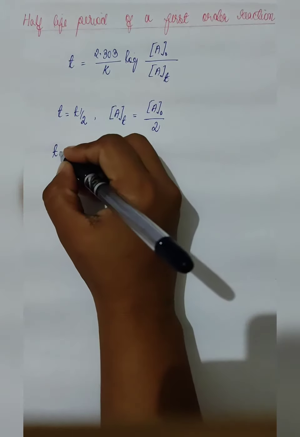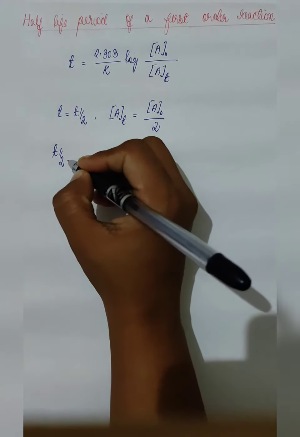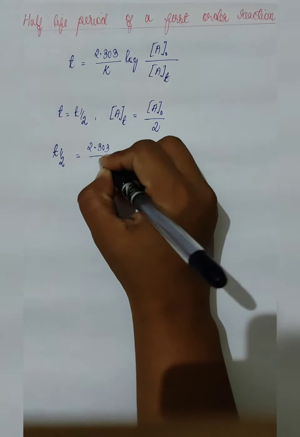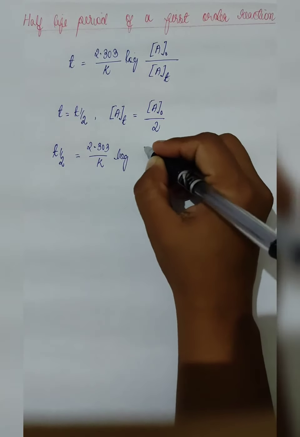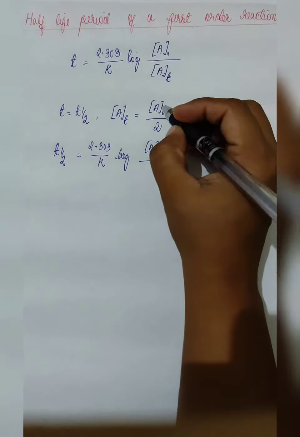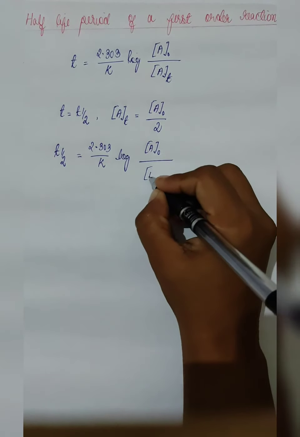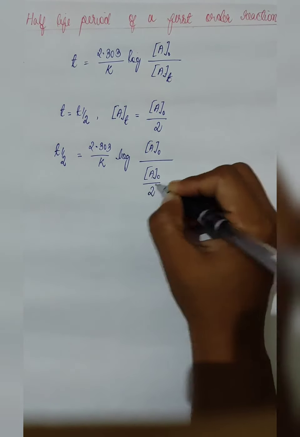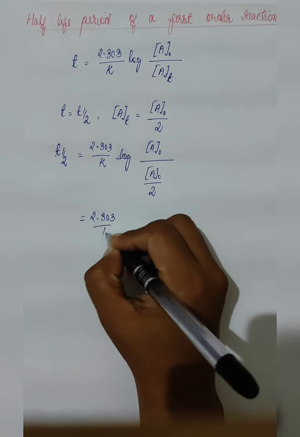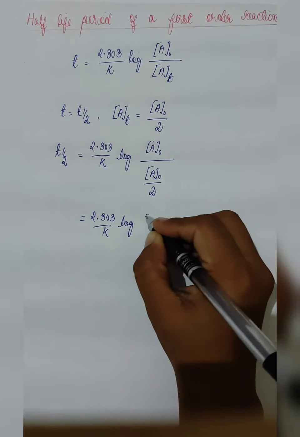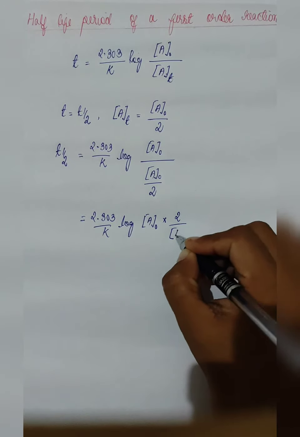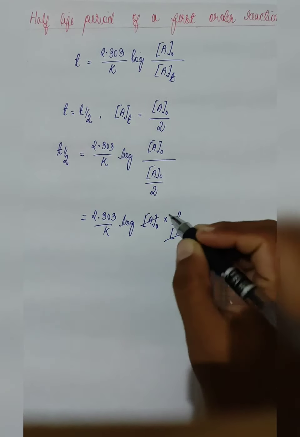So this very equation can be written as the half-life period T half is equal to 2.303 by k log initial concentration, and in place of final concentration we write half of the initial concentration. Now this very equation will become log of 2 initial concentration by initial concentration. The initial concentration will get cancelled out.